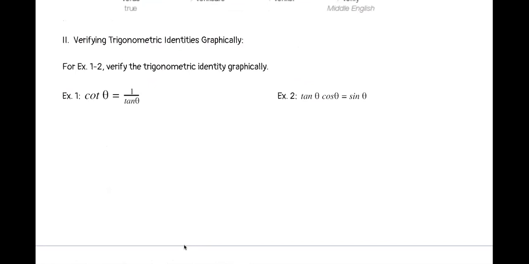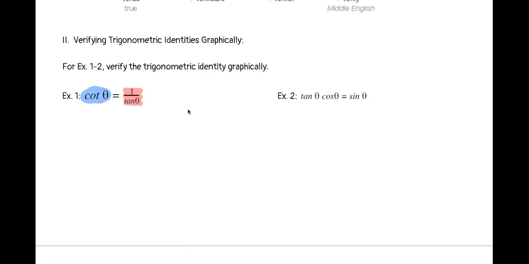So we're going to go into Desmos. We don't know what colors Desmos is going to make these graphs, but we're going to graph cotangent as one function, and then separately, we're going to graph 1 over tangent. So we're going to graph two functions, cotangent and 1 over tangent.